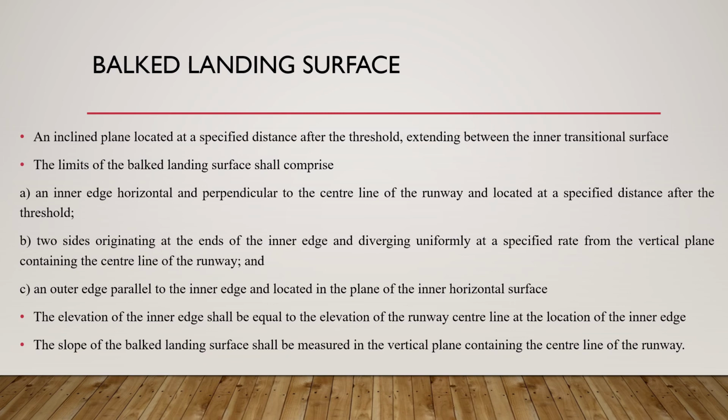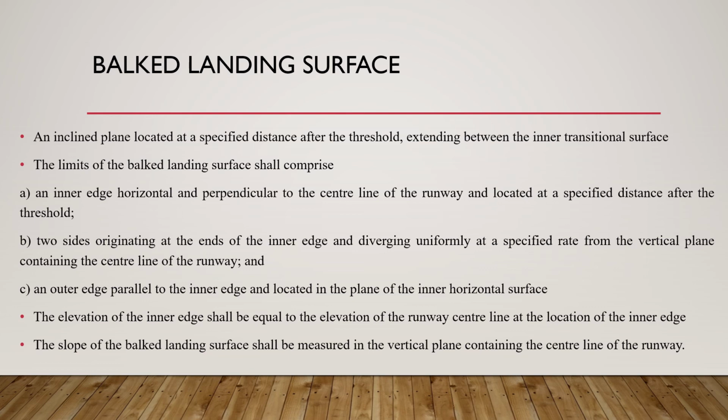So in case it is a Cat 1 precision approach category, then the decision height is 60 meters, below which the aircraft will continue to fly under visual flying mode.